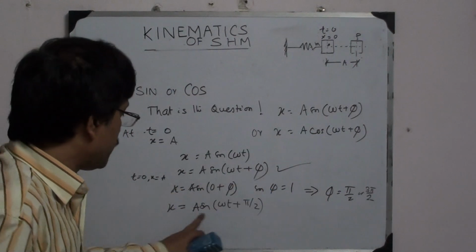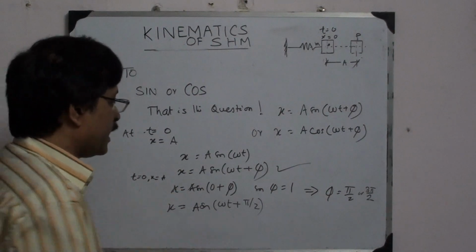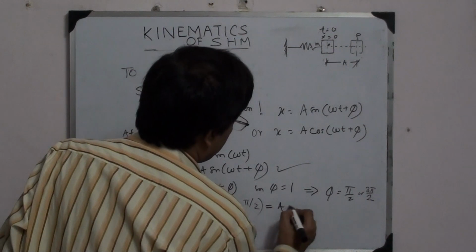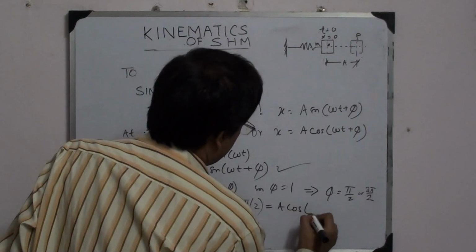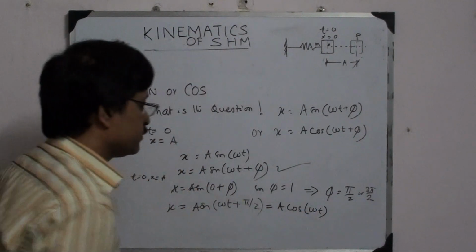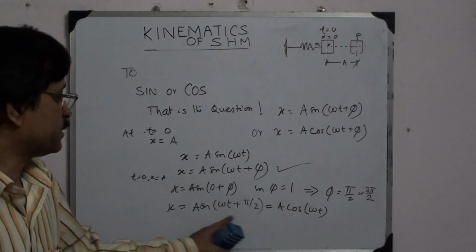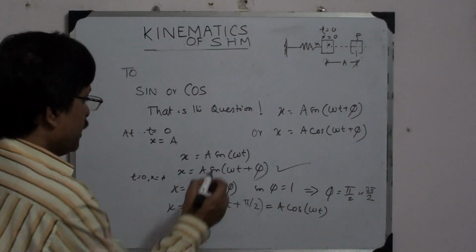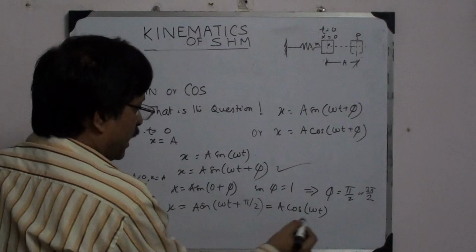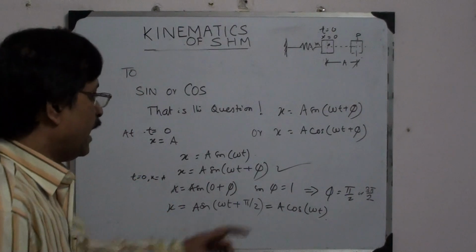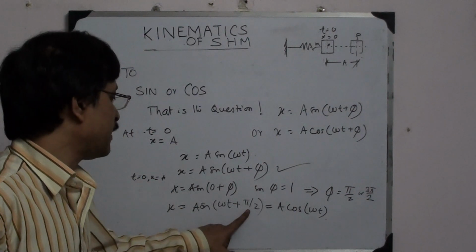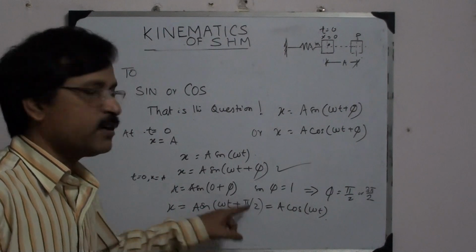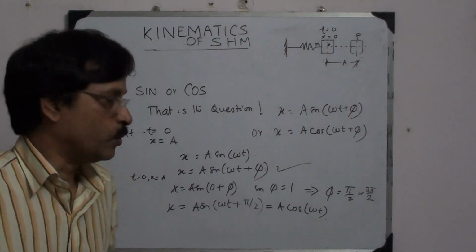So if I put pi by 2, then a sine omega t plus pi by 2 is what? A cos omega t. This is the situation. So you see, even if I take this equation, I'll end up with a cos omega t, and these two equations are separated by a phase constant of pi by 2.